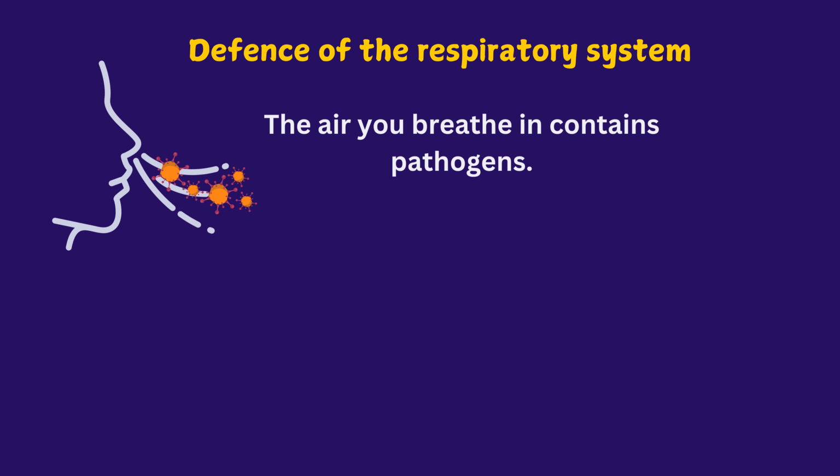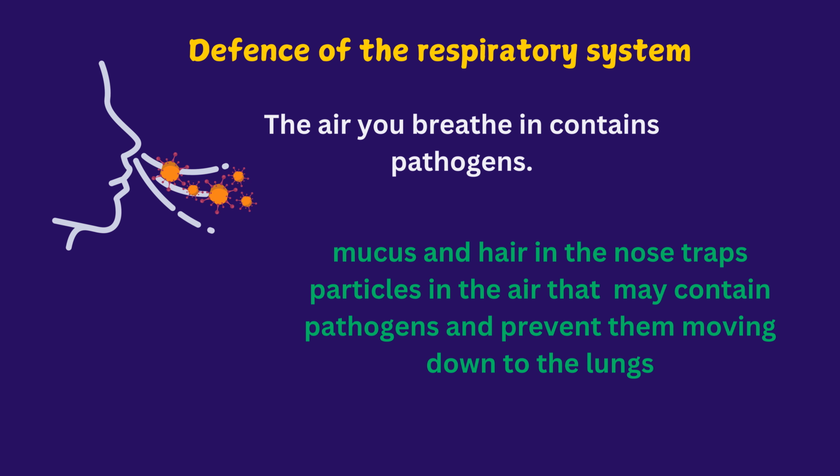Let us now talk about the defense of the respiratory system. The air that you breathe in contains pathogens. I mentioned that early on. So how does the body prevent the pathogens from entering the nose, getting down into the lungs, and causing all sorts of problems? Your nose contains mucus and hair.